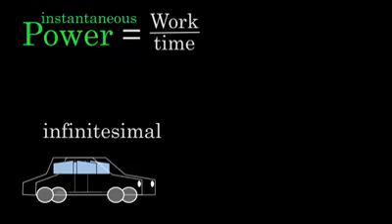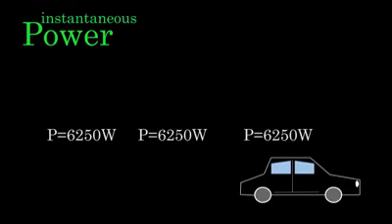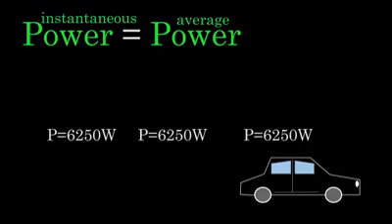Dealing with infinitesimals typically requires the use of calculus, but there are ways of finding the instantaneous power without having to use calculus. For instance, let's say you were looking at a car whose instantaneous power output was 6,250 watts at every given moment. Since the instantaneous power never changes, the average power just equals the instantaneous power, which equals 6,250 watts.